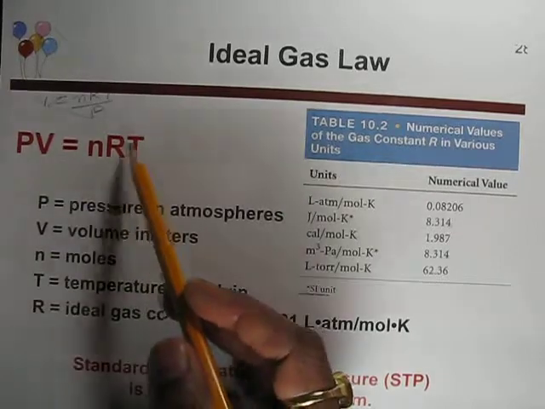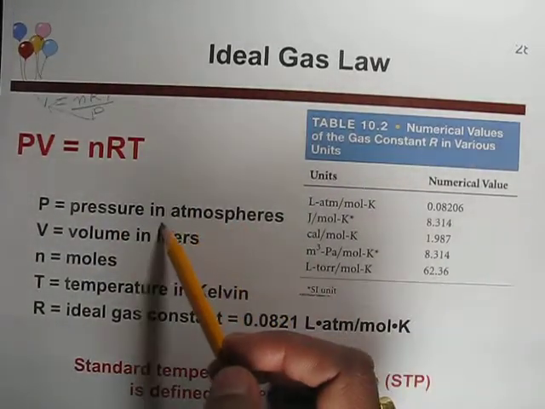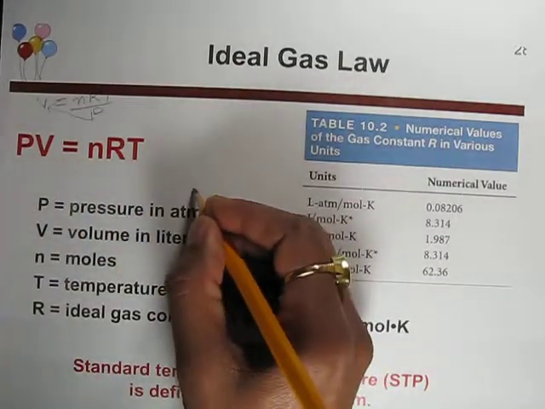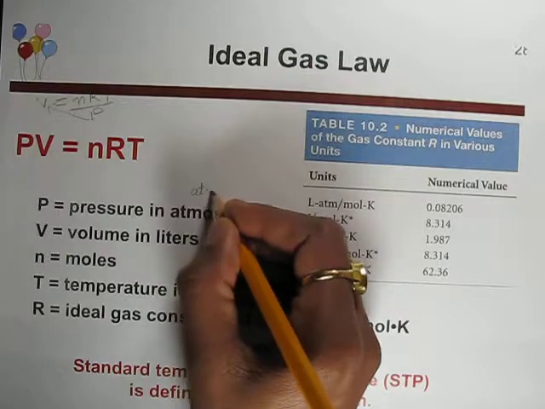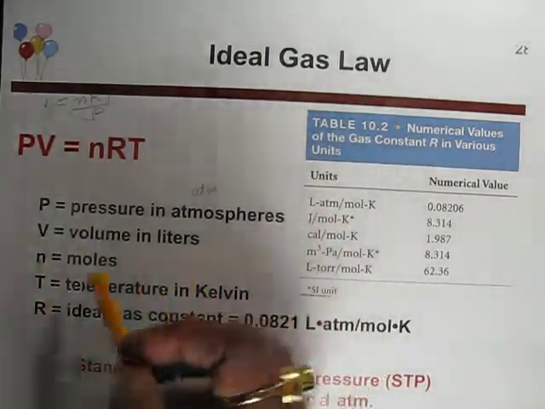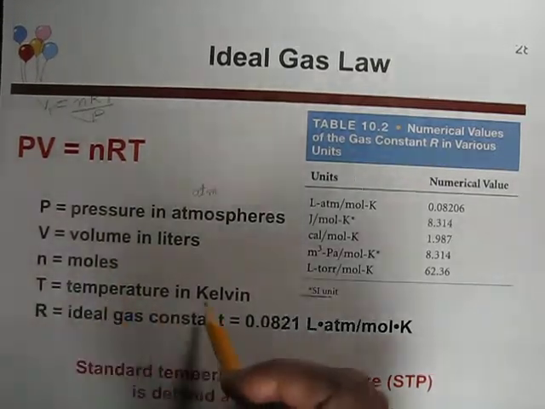PV is equal to small n RT, where P is pressure in atmospheres. This is important: pressure in this equation must always be in atmospheres. Volume will be in liters, small n will be the moles, and T is temperature, which is in Kelvin.